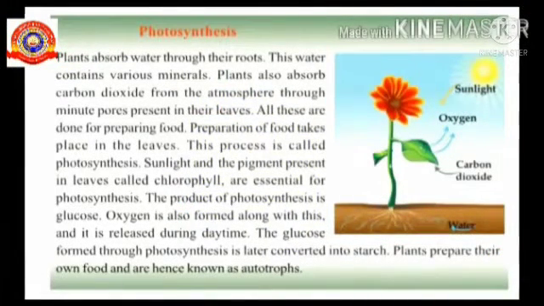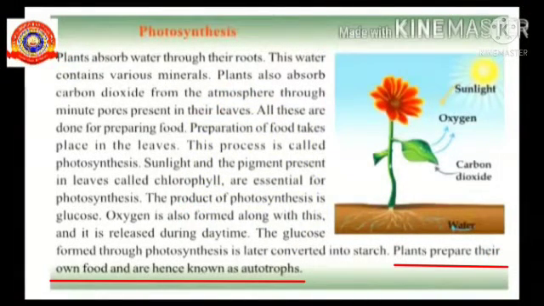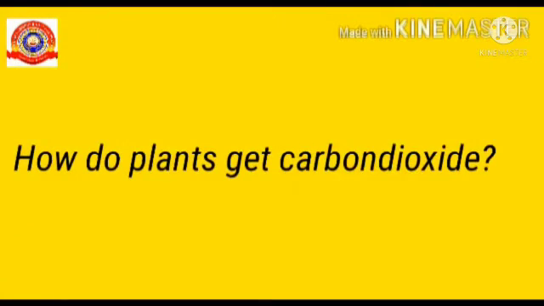Yes, there is one more point left in this portion. That is, plants prepare their own food, so they are called autotrophs. There is a question in your textbook: how do plants get carbon dioxide?